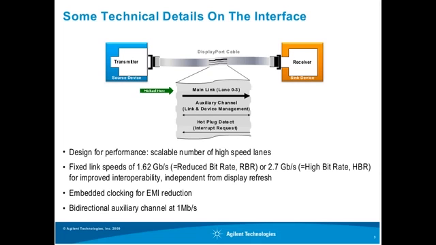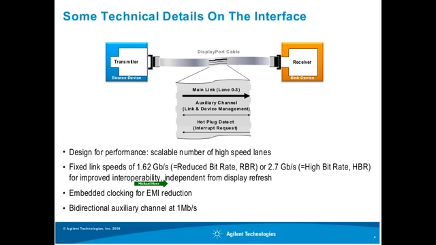There are fixed link speeds for those main lanes, which is 1.62 gigabit per second or 2.7 gigabit per second. And the key thing here is it's independent from the display refresh rate. So this rate won't vary if the display refresh is changed.